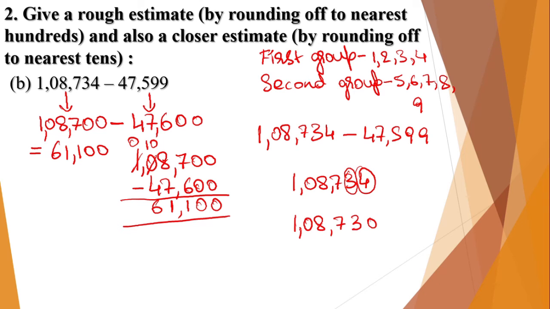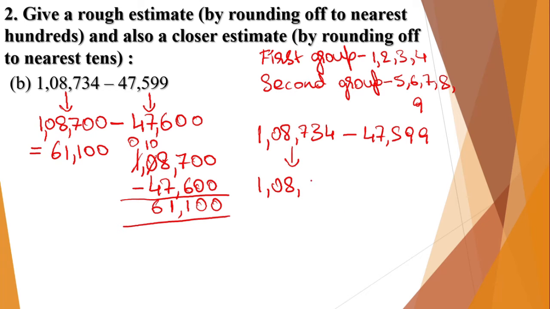So we will get 1,08,730. So 1,08,734 rounded off to nearest tens will give us 1,08,730.